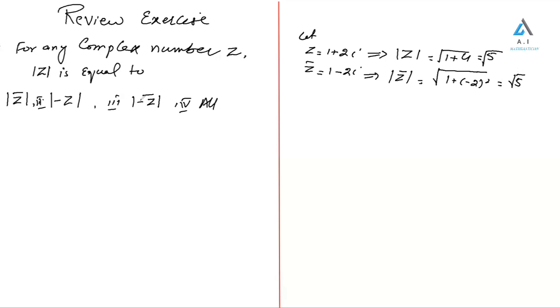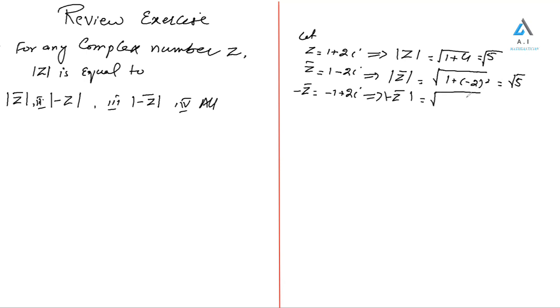Now the last one, we're discussing this one. Taking the negative, minus z bar will equal minus 1 plus 2 iota. And the determinant of minus z bar, now we find it.